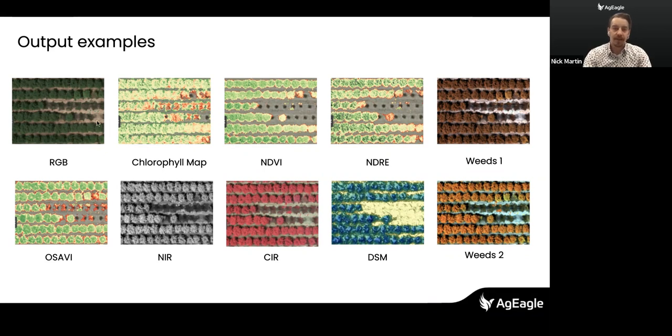Over at the top left, this is an RGB composite, a fairly standard picture. I'm sure a lot of people are familiar with RGB imagery. Chlorophyll map is where we go here towards the right, where we get a near infrared image. This is all processed in whatever GIS application you guys are using today.